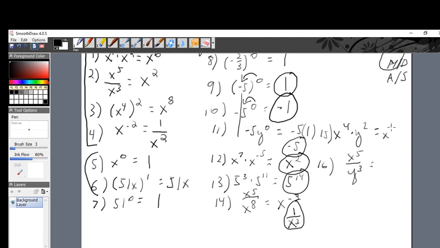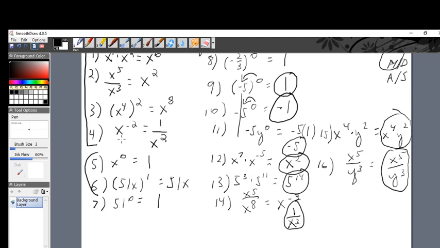The final answer to this is x to the 4, y to the 2. The final answer to this is x to the 5 over y to the 3, because there's nowhere to go if the two bases do not match. The rules that we did over here in problems 1 through 4 were all where they matched, except for number 4 where we were looking for a match.